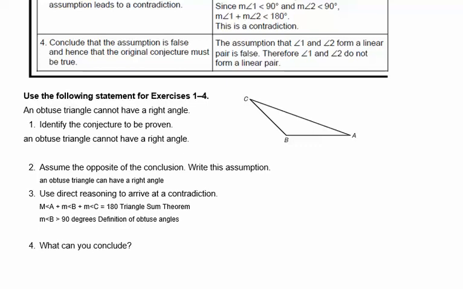Also, one of the other angles has to be a right angle. We call it angle A. It doesn't look like a right angle, but we'll say that's the one equal to 90 degrees by the definition of right angles.